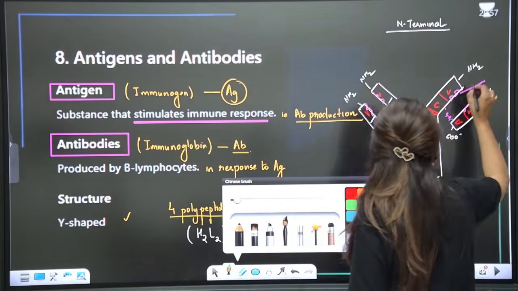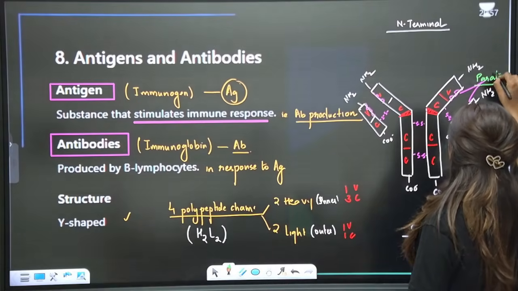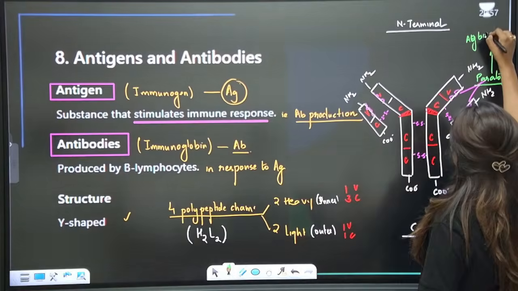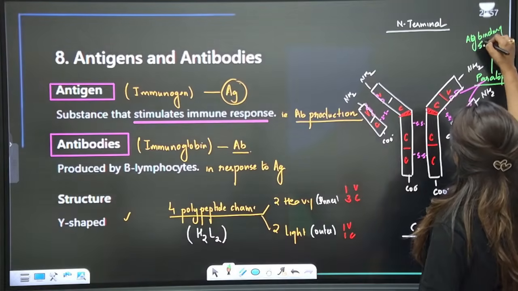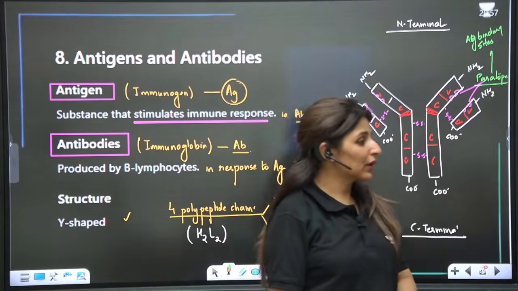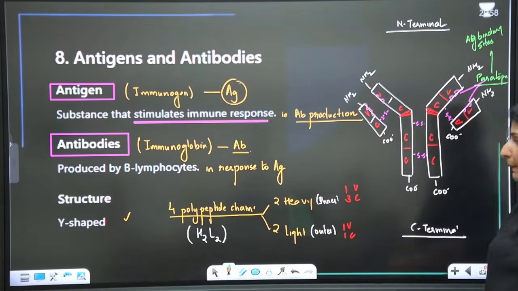This location is called the paratope. So what is the paratope? This is the place where antigen will bind, the antigen binding site. So how many antigen binding sites do we see in this? 2 antigen binding sites per antibody molecule. Are we clear here? Yes or no?